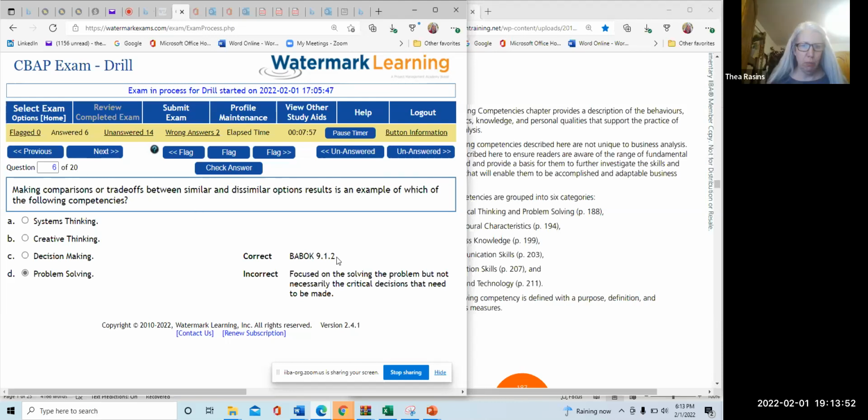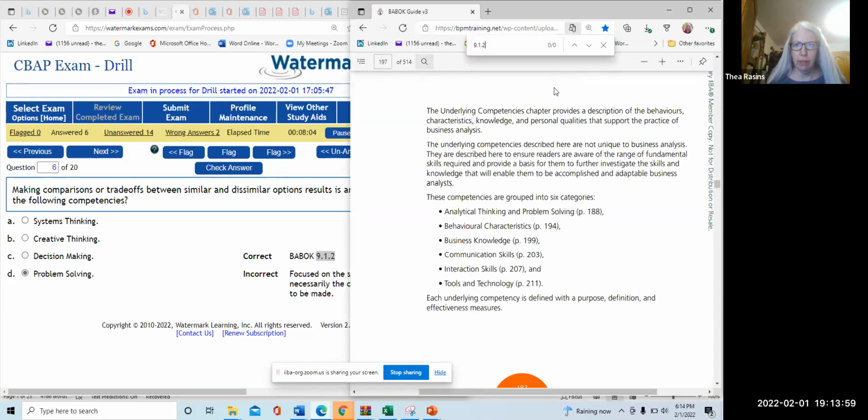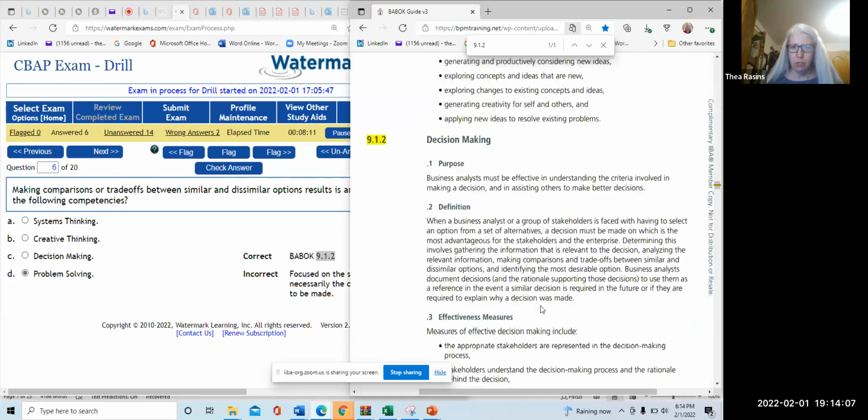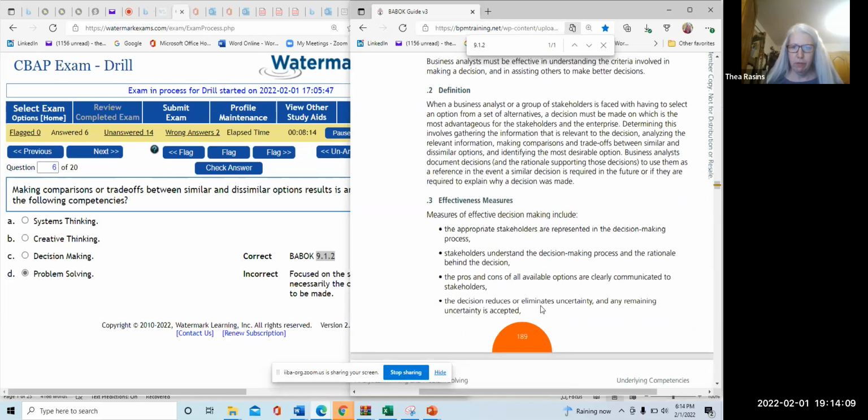Would you like to see 9.1.2? Okay, you didn't answer, so I'm going to say that's a yes. Must be effective in understanding the criteria involved in making decisions and assisting others to make better decisions. We've got effectiveness measures, appropriate stakeholders are represented, stakeholders understand the process and the rationale behind the decision, all pros and cons of all available options are clearly communicated, and the decision reduces or eliminates uncertainty, and any remaining uncertainty is accepted.